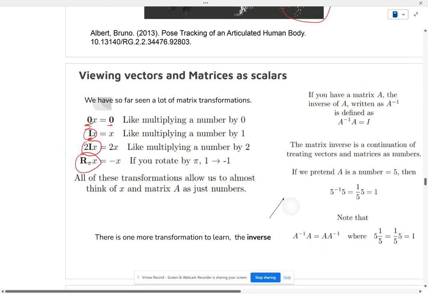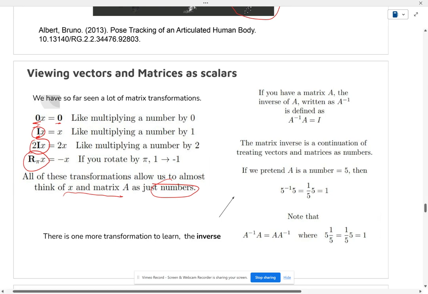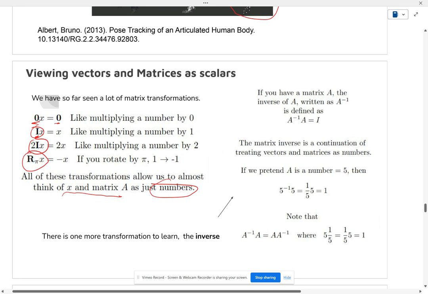All of these transformations are what start allowing us to think of matrices and vectors as behaving intuitively like the numbers we're used to. Now, there's one more matrix that's very special: the inverse of A, written as A inverse.